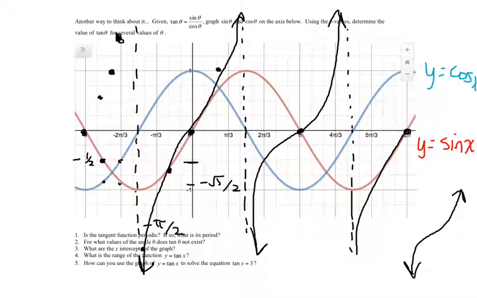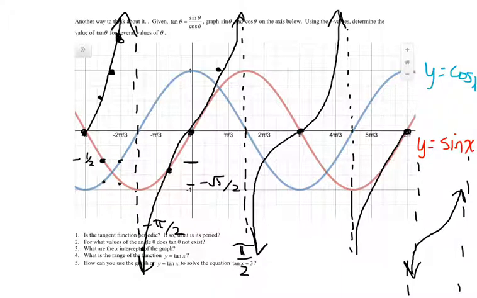So here's the general tangent graph. It's bordered by asymptotes. If I fill in this side over here, I have the positive branch of it. And because these lines here, I've got negative pi over 2, my next one is at pi over 2, this one is 3 pi over 2.